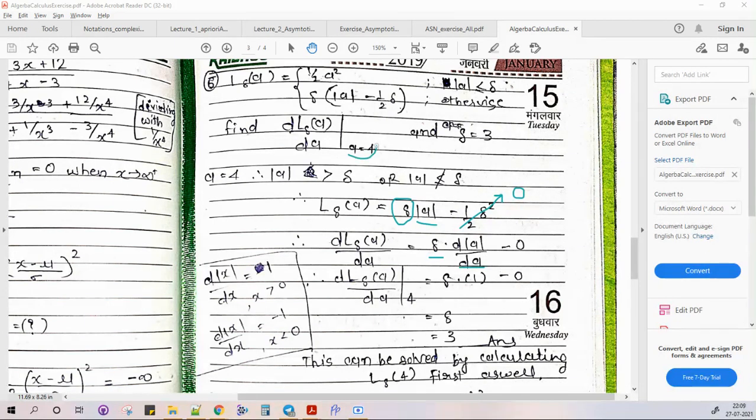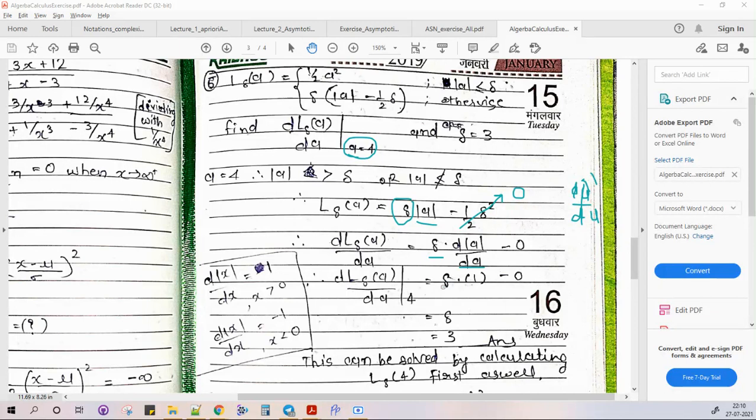Now I need to put A equal to 4, because we need to find the differentiation at that point. We know the equation now. If A is greater than 0, then d of mode A would be dA, so dA divided by dA, which is 1.